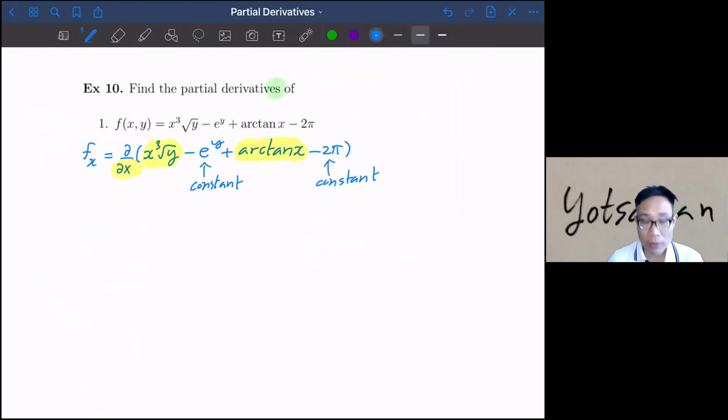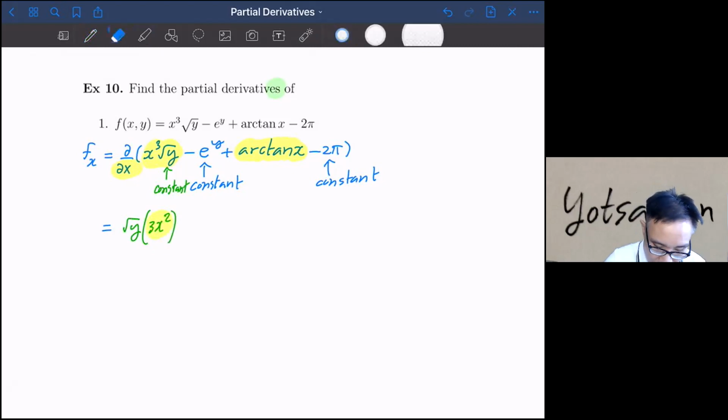So the derivative that we will have will be just, you see that y here is also constant, okay? So it's going to be a constant multiple, and you differentiate x cubed, so it's going to be 3x squared. So this one is the yellow guy, okay?